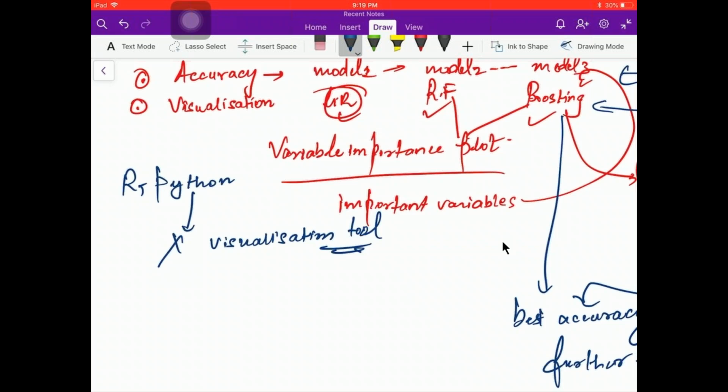But the visualization part is different. Visualization is more of the diagnostics of what the variable mean, variance, and deviation are. When you have skewed data, you need to transform that. So that's where your visualization comes into the picture. So this is what your data science will look like overall.